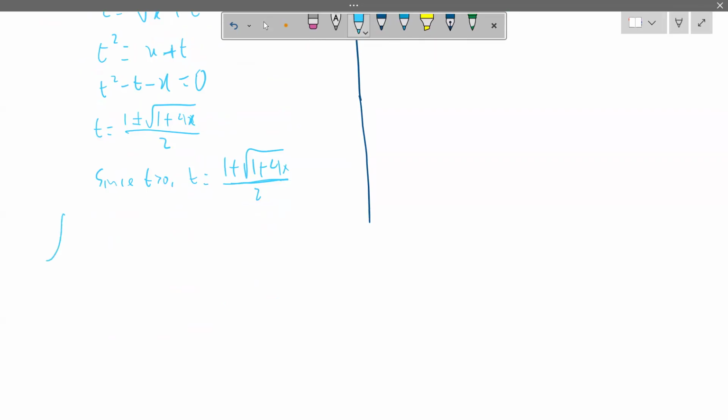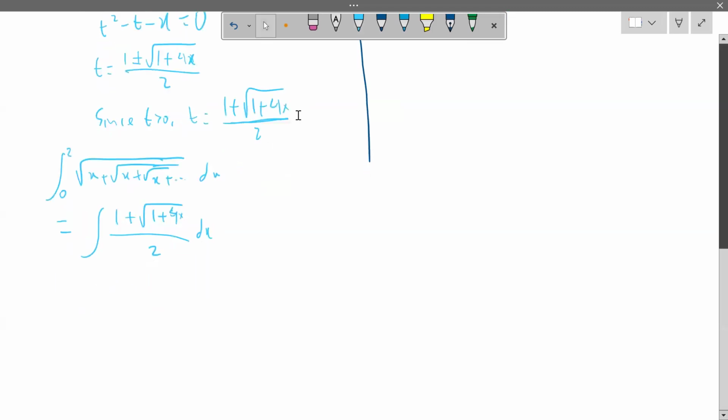So let's copy the integral again. We have this, which is equal to the integral of 1 plus the square root of 1 plus 4x, over 2, dx. And this is a fairly standard integral.